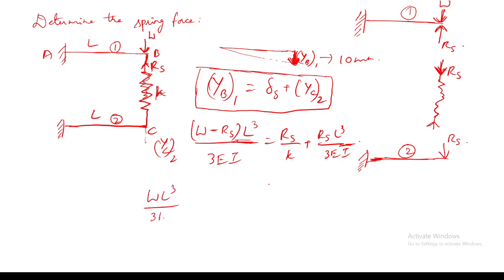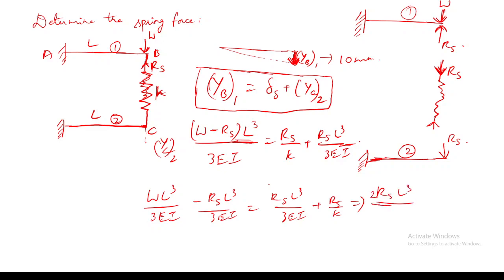WL cube divided by 3EI minus RS L cube divided by 3EI is equal to RS L cube divided by 3EI plus RS by K. When I shift all the RS to the right-hand side, 2 RS L cube divided by 3EI plus RS divided by K will be equal to WL cube divided by 3EI.